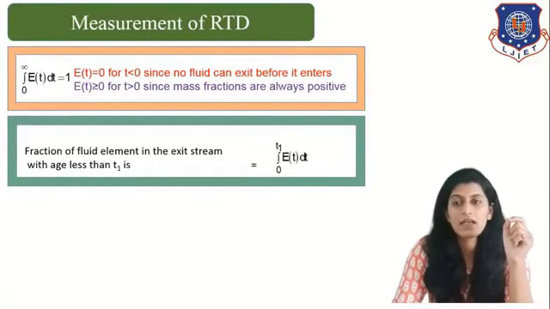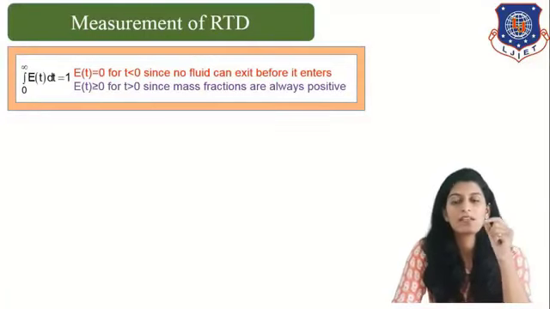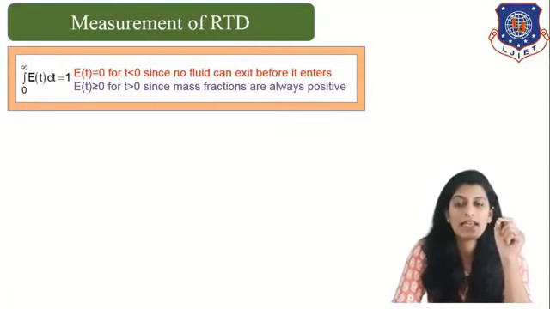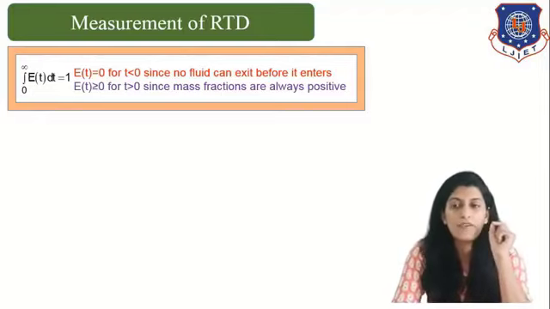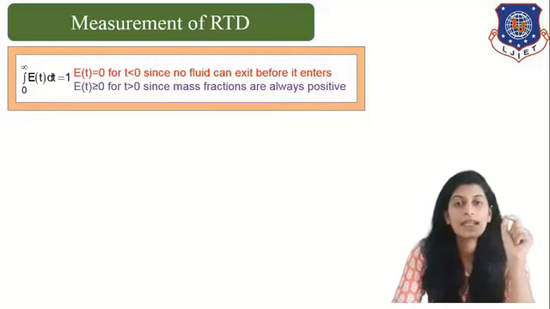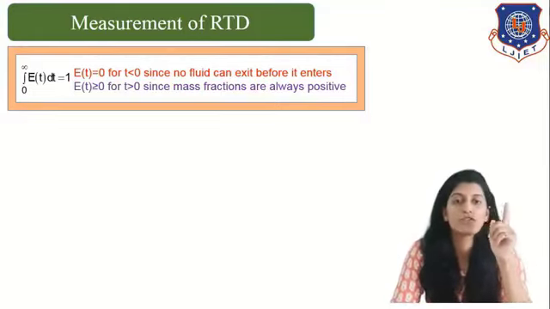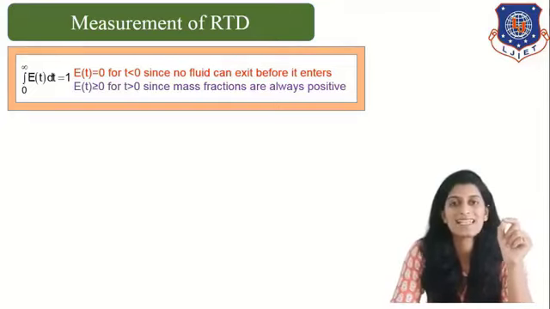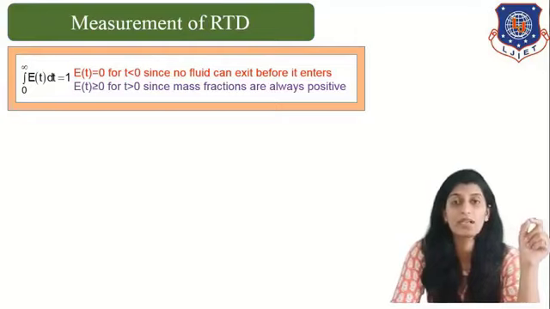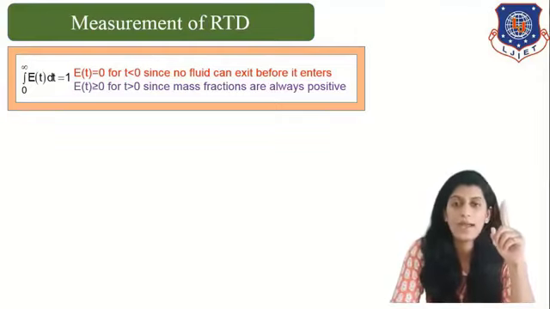Next is the integration from 0 to infinity of E(t) dt equals 1. What do we mean by this? If I integrate the RTD, our residence time distribution, from 0 to infinity, then it is going to be 1. Why?